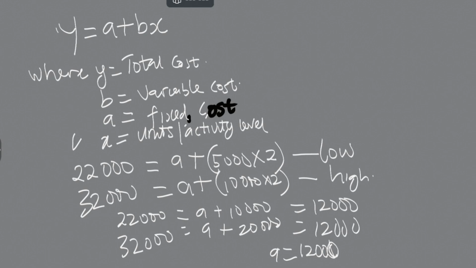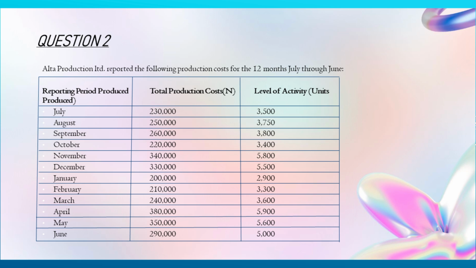Our next example: Ultra Production Ltd reported the following production cost for the 12 months July through to June. So we have the reporting period, we have total production cost, and we also have the activity level in units for each month. This one is very different from the first one we did, although it is also easy. Solving it, you identify the high and low activity levels.